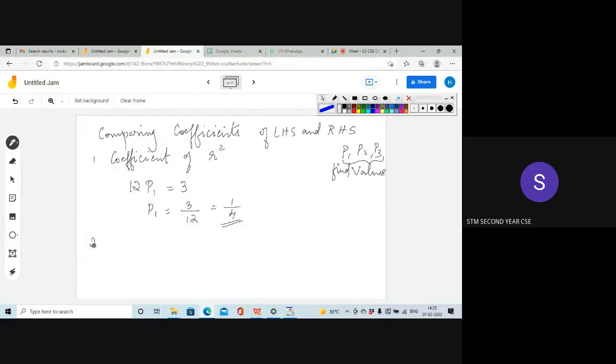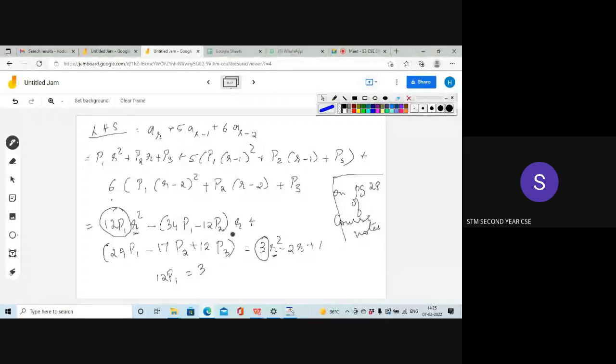Next, second, I'm going to compare the coefficients of the next term. First we took r square, next we are going to compare the coefficients of r. Now what are the coefficients of r? Coefficient of r is 34 P1 minus 12 P2 on the left hand side, and here you get minus 2 as the coefficient of r on the RHS.